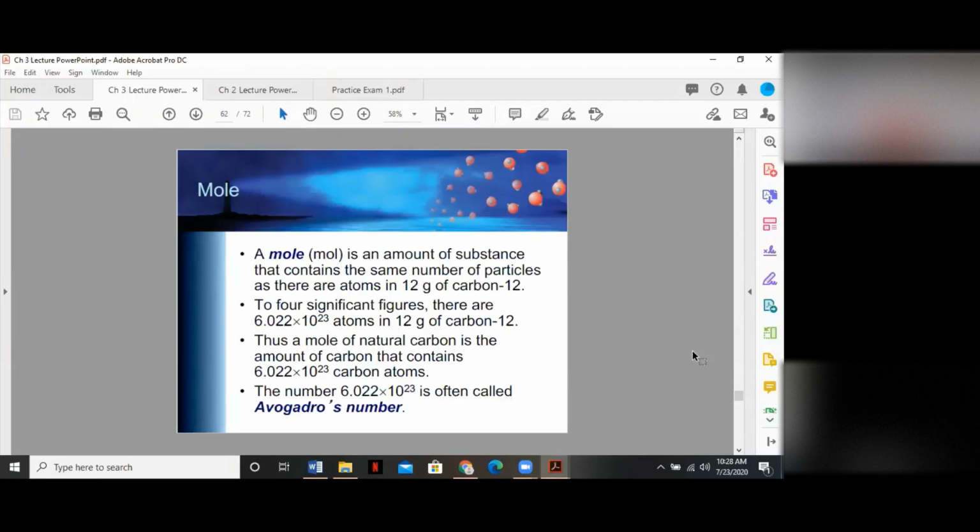And what is that number of atoms? It is 6.022 times 10 to the 23rd, which is referred to today as Avogadro's number. So what is Avogadro's number? Avogadro's number indicates that a set amount of substance of any source, of any kind, will always equal the same number of atoms, and that is 6.022 times 10 to the 23rd.